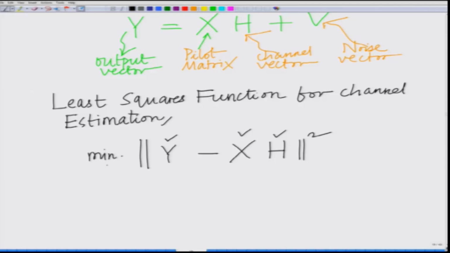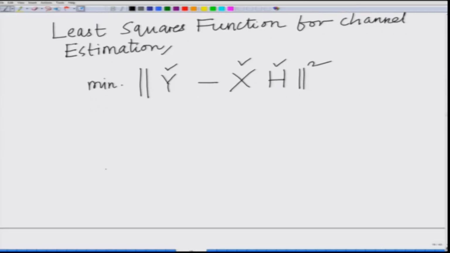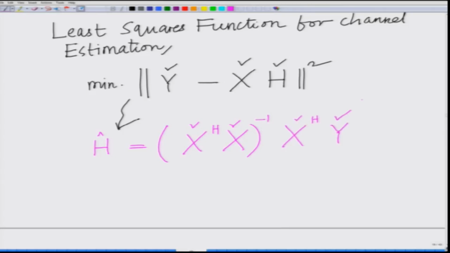That is, minimize the least squares cost function: minimize the norm of Y check minus X check H check whole square. The least square solution, therefore the channel estimate H hat, remember, is basically X check Hermitian X check inverse X check Hermitian Y check.